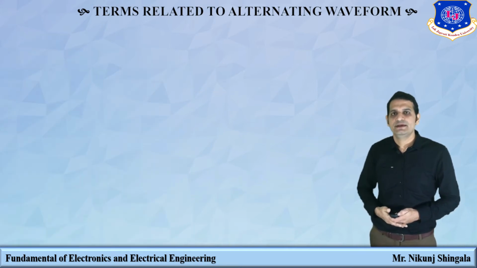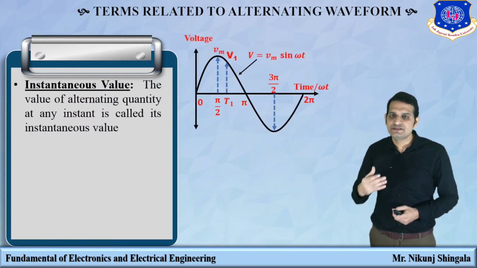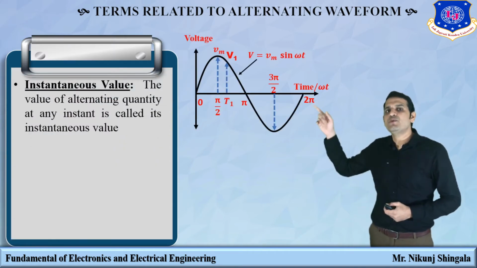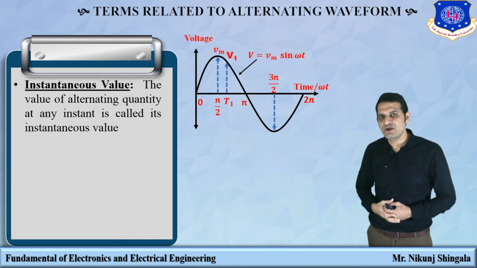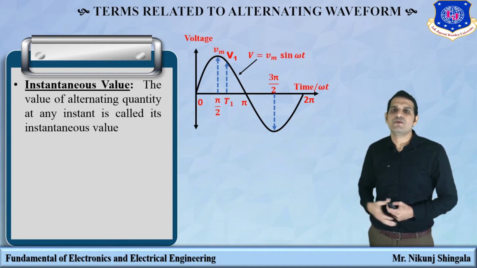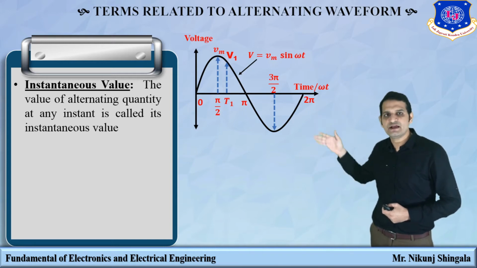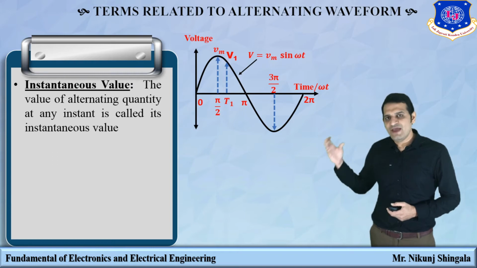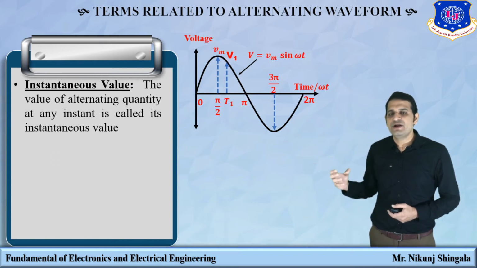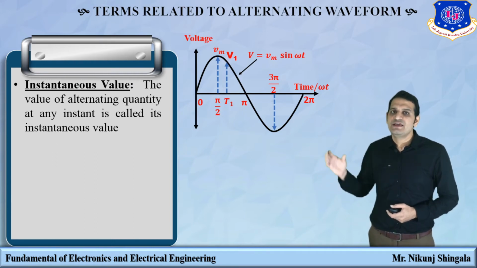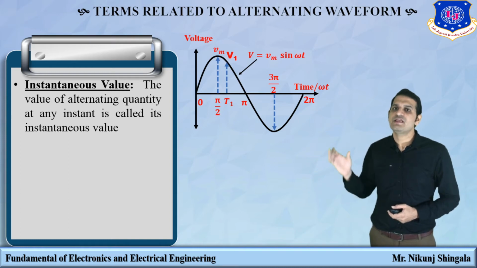The next one is the definition of instantaneous value. The equation which we derived in the previous video lecture is V = Vm sin omega t. Here is a graph of voltage versus time. The value of an alternating quantity at any instant is nothing but the instantaneous value.